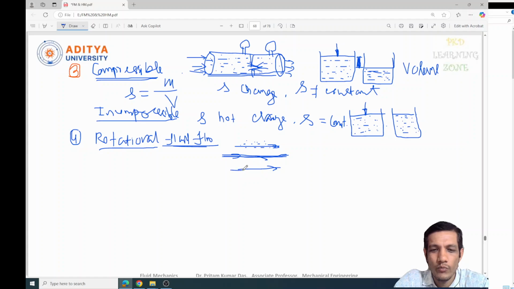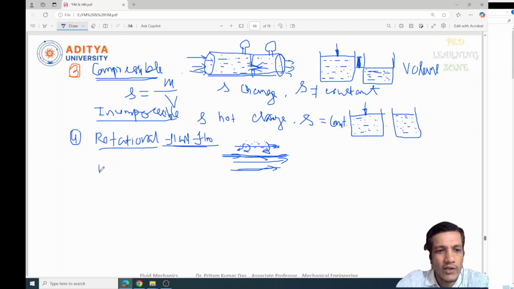It is only going to move in this particular direction and not interfere with other fluid layers. That is streamline. And also it is able to rotate along the axis. Axis is nothing but the streamline. The fluid can rotate about the streamline, or about the axis of this line. That is called rotational flow.